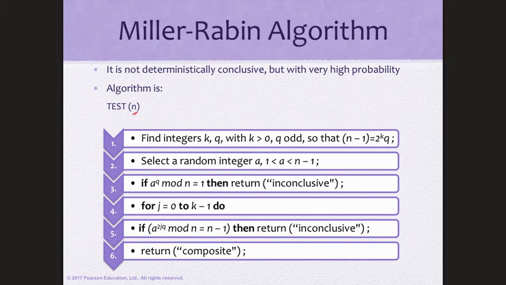And then I'm going to select a random integer a, which is between 1 and n minus 1. So it has to be smaller than n minus 1 and greater than 1. And I will start. If a raised to the power q mod n is equal to 1, then it passes. And then I'm going to try also for the j's from 0 to k minus 1, the second method.